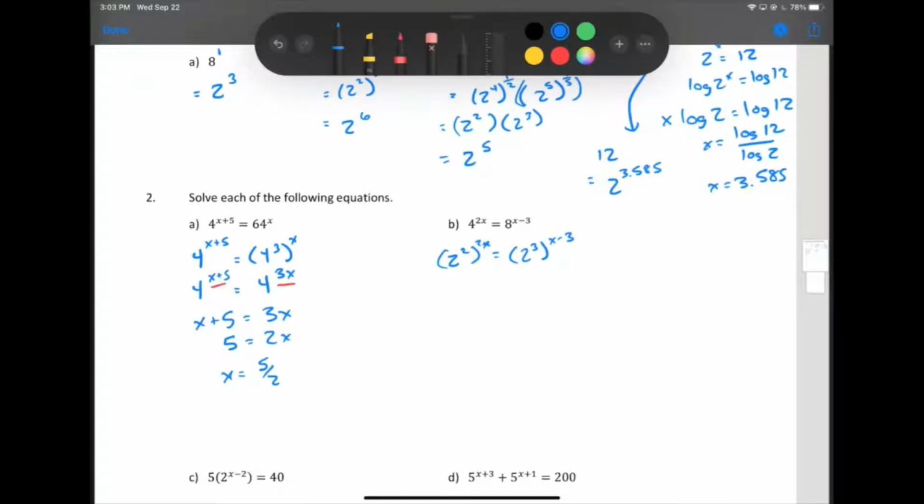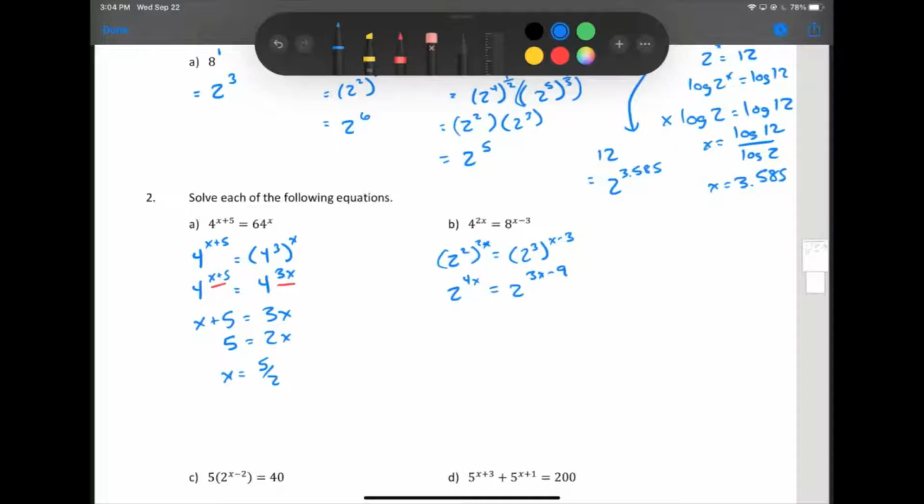Now, ironically, from here on in, it's mostly just simple algebra, but for some reason, people always kind of mess this one up. It's like they forget BEDMAS and how multiplication works. This side is going to be 2 to the 4x, and the right side is going to be 2 to the 3x minus 9.